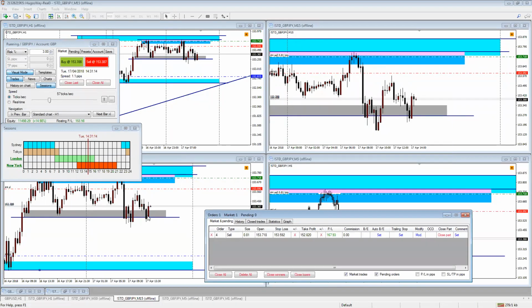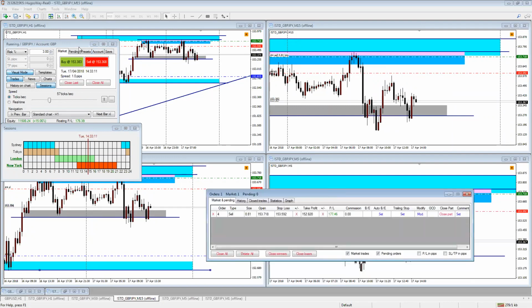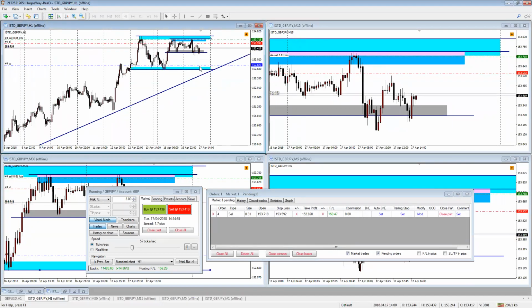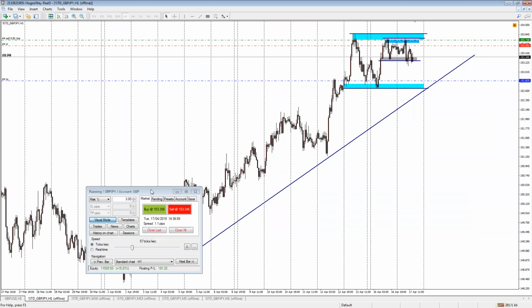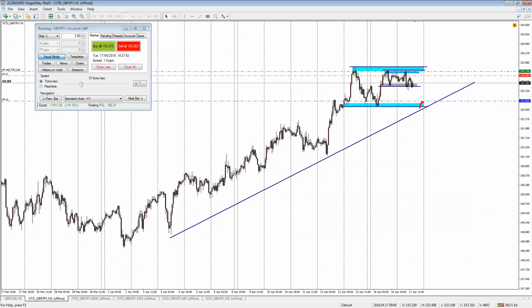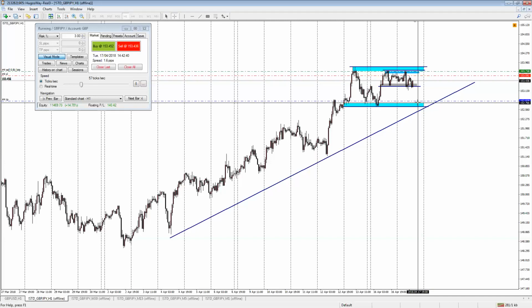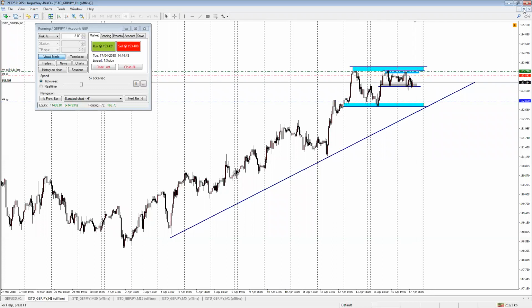It might also consolidate here, so it makes sense to close. I just feel that, looking at the 1 hour here, we should be able to at least tap this trend. So it might consolidate a little bit and then tap here, and then shoot up or go down. So this target, 152.8, should be doable, in my opinion.